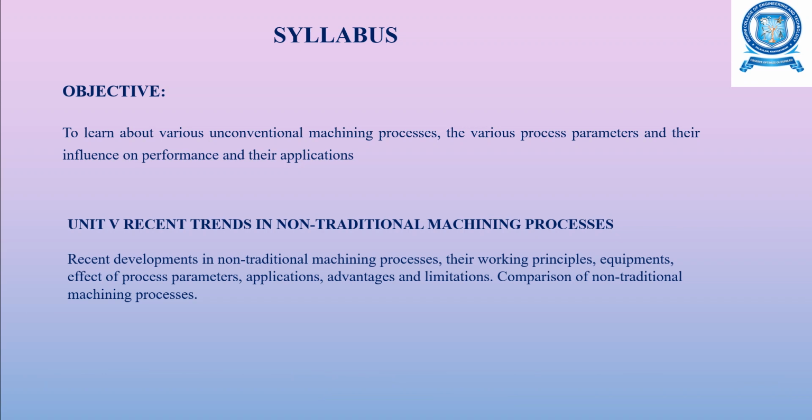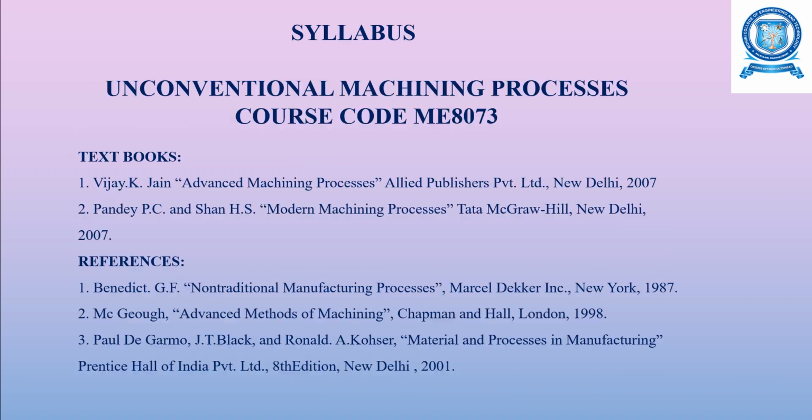And the syllabus for the 5th unit, recent trends in non-traditional machining processes, will cover the recent developments in non-traditional machining processes, their working principles, equipment, and the effects of process parameters, and its applications, advantages, and limitations, and the comparison of non-traditional machining processes.